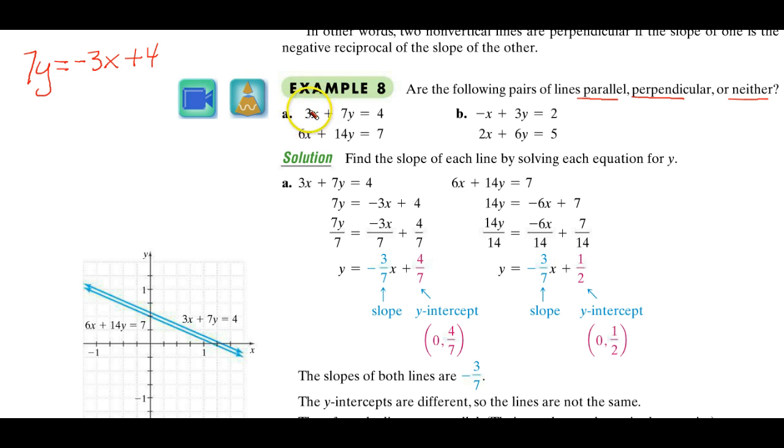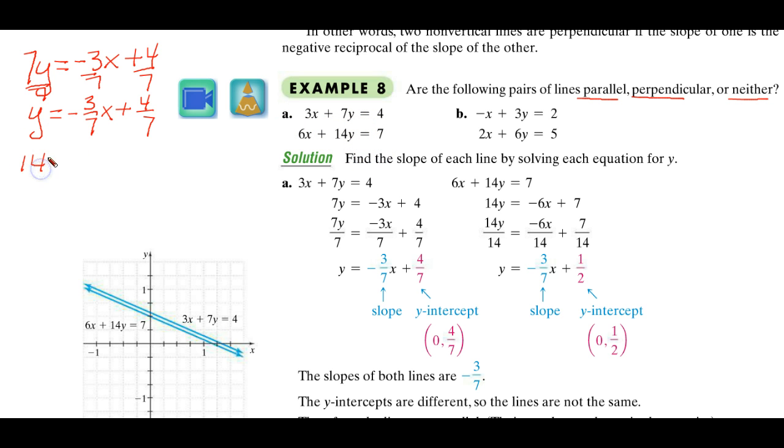I'm taking my 3x term, transposing it, changing its sign. Now I'm going to divide everything by 7. So I get y equals -3/7 x plus 4/7.